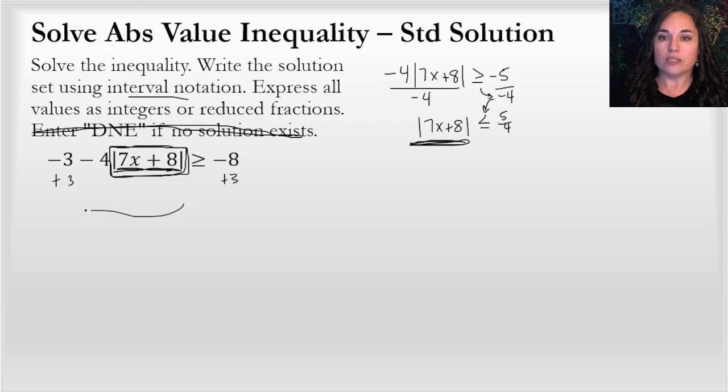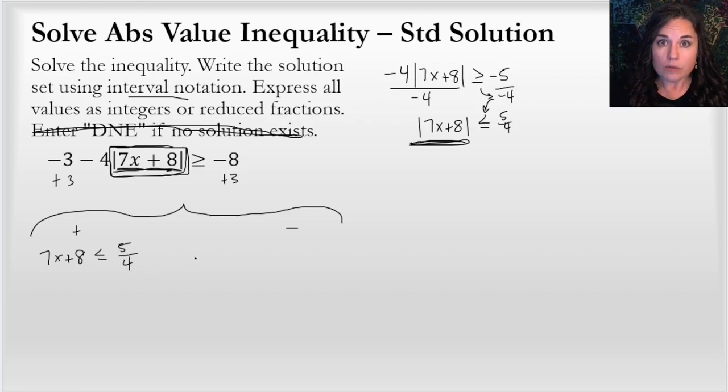So I'm going to divide this up into 2 solutions. Remember, when I'm doing this, I'm going to have a positive solution and a negative solution. So the positive solution, I'm going to write that down just as it is. I'm not changing anything other than taking the absolute value away. So 7x plus 8 is less than or equal to 5/4. The other one, I'm going to change the direction of that inequality, and I'm going to make a negative sign on the other side.